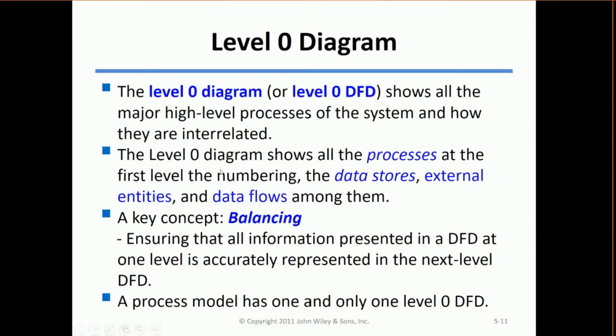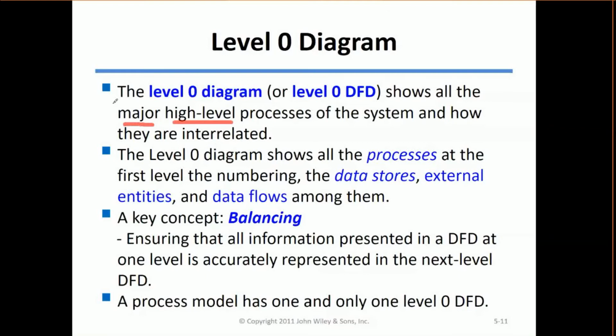After that is a level 1 diagram. So what is a level 1 diagram? The level 1 diagram shows all the major, notice the point, this is another keyword, all the major high level processes of the system and how they are interrelated.